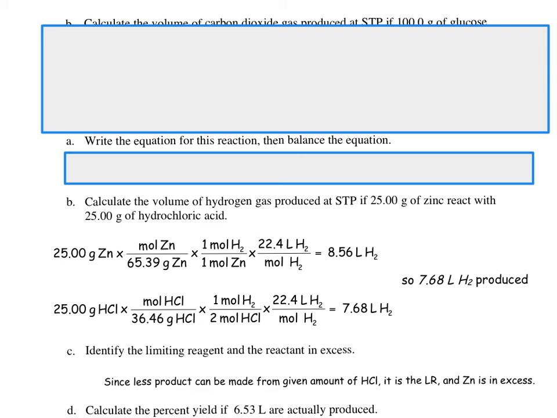So we're going to take our 25 grams of zinc and calculate how much H2 gas would be produced, and then take 25 grams of HCl, the hydrochloric acid, and calculate how much hydrogen gas could be produced from that. And once we've done those 2 calculations, we ought to be able to interpret those results and determine the limiting reactant and determine what is the theoretical yield, the expected amount of H2 gas we should be able to get from that reaction.